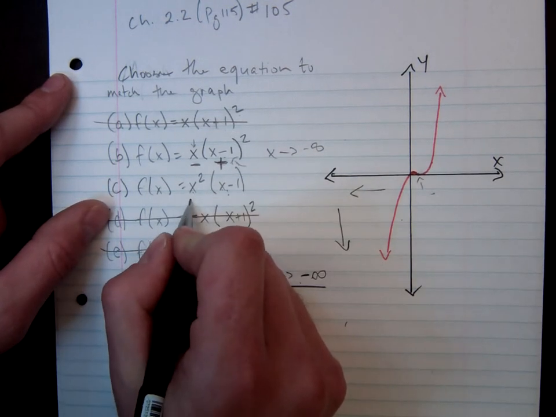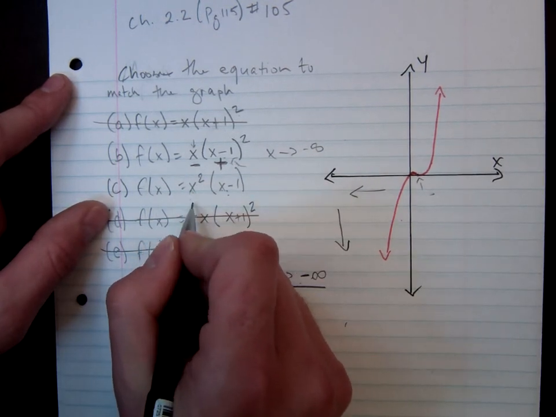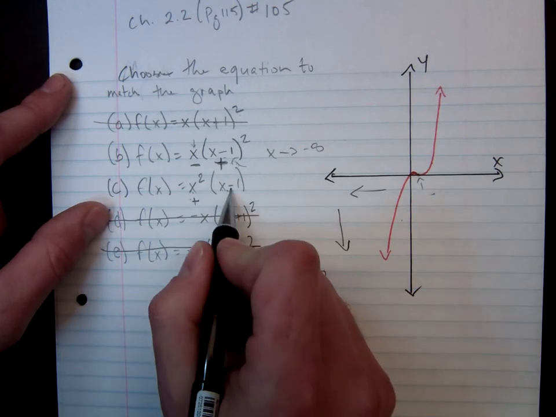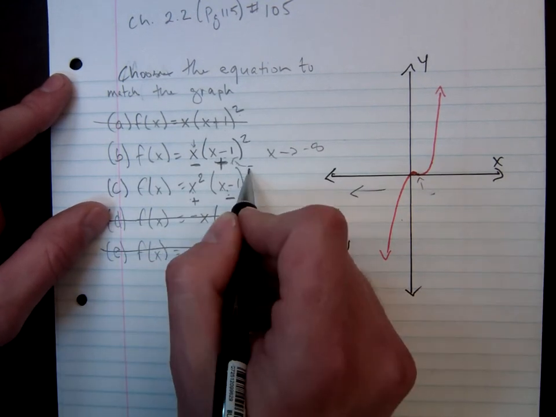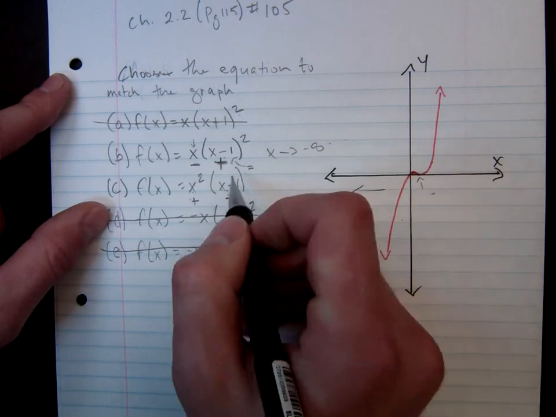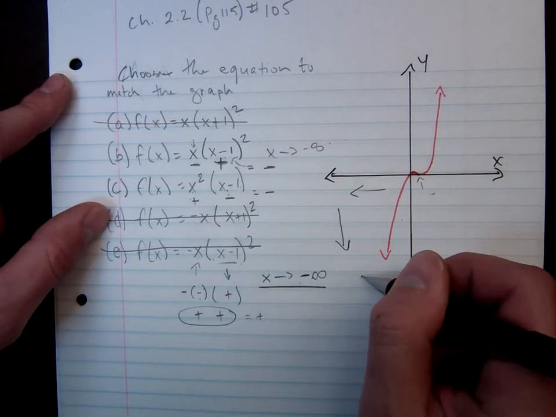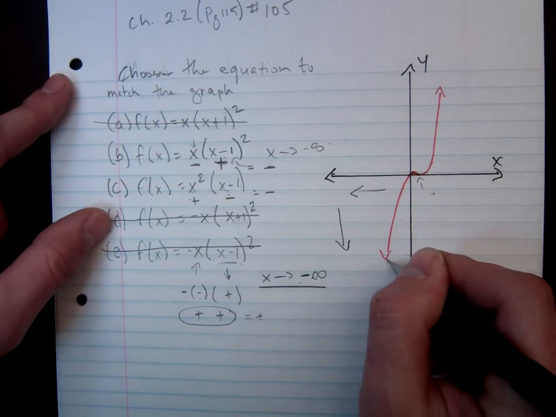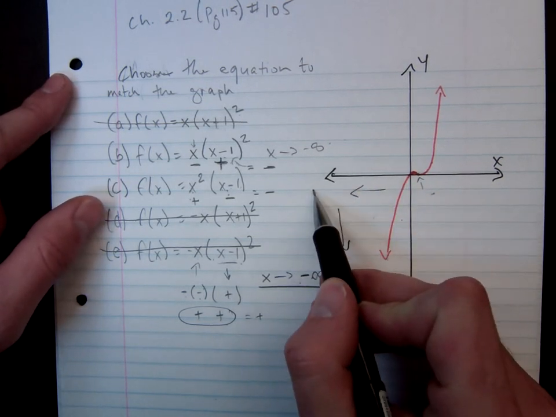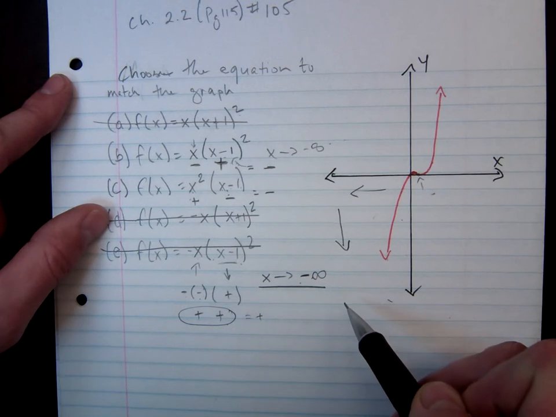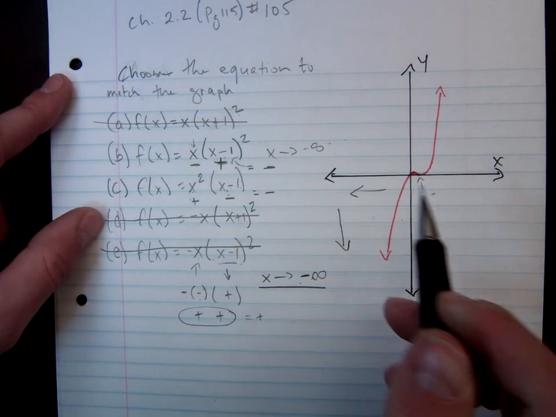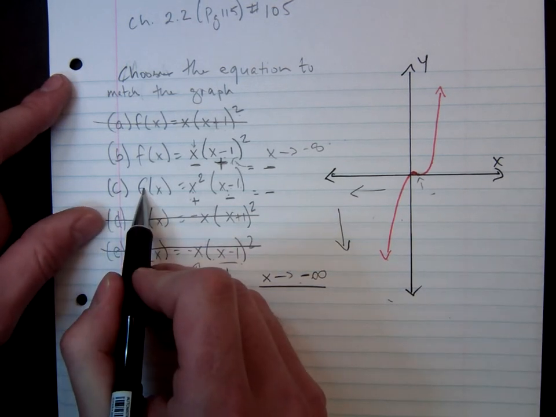As if this was negative, a negative times a negative, I'd end up with a positive here, and I'd end up with a negative here. So no matter what, as I approach negative infinity with both of these, I will be heading in the negative direction, down. Well, that's what I'm supposed to be doing according to my graph. As x goes towards negative infinity, y decreases and heads towards negative infinity. So in fact, both of these look like they're viable options.